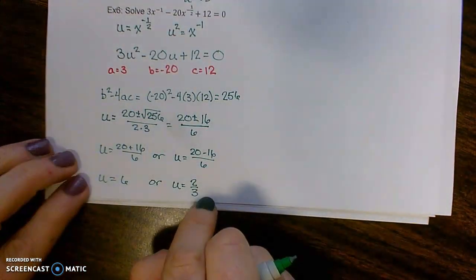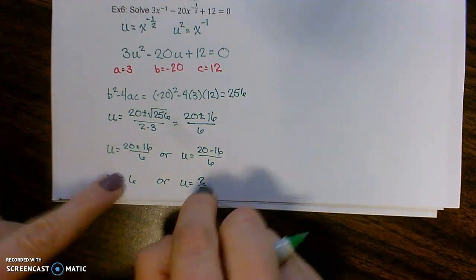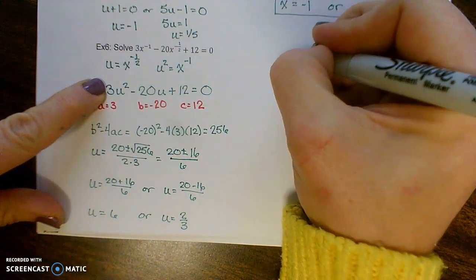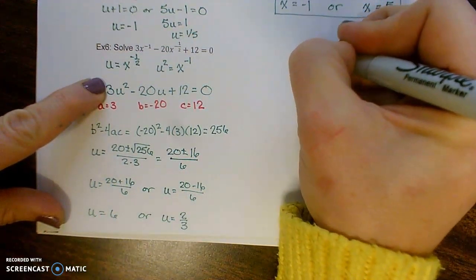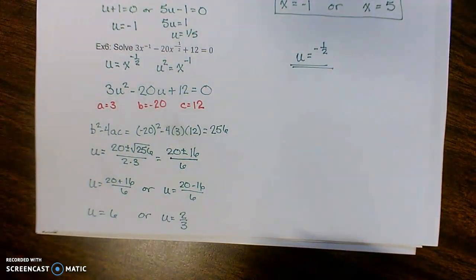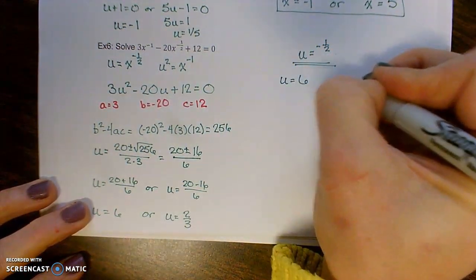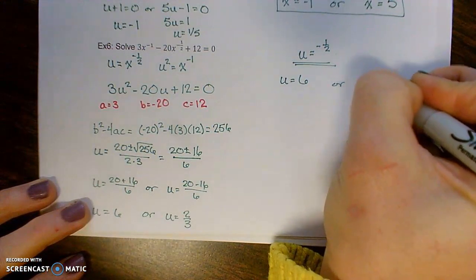Now remember that these are two solutions to this quadratic equation, so we have to resubstitute. So I'll write that original substitution up here, u is x to the negative 1/2. Write my two answers, u equals 6, or u is 2/3.